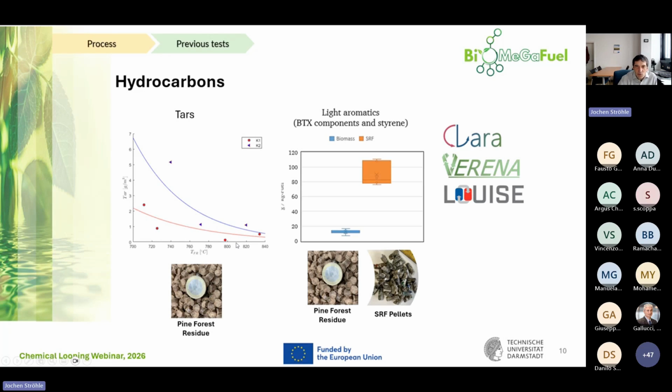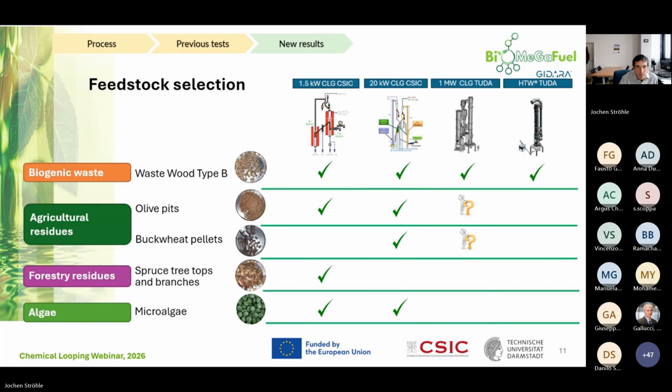And also here, if we compare, as an example, light aromatics, BTX components, in biomass with SRF, we can see an increase by a factor of 10 with SRF. So this is a severe issue which needs to be handled when using SRF as a fuel. Now, in the Bio-MeGaFuel project, we are testing in various scales.